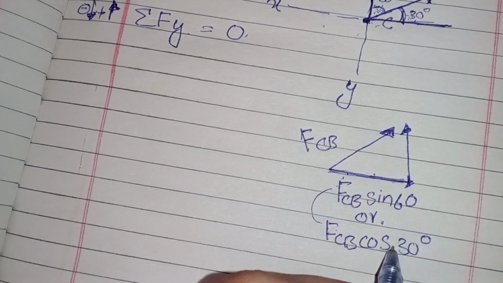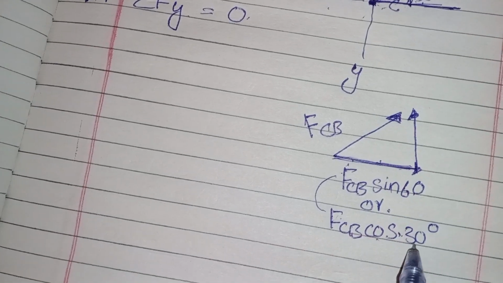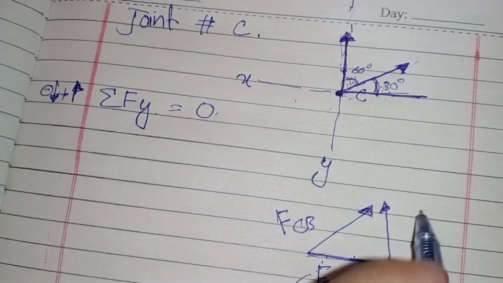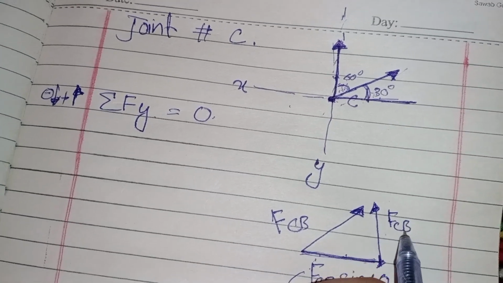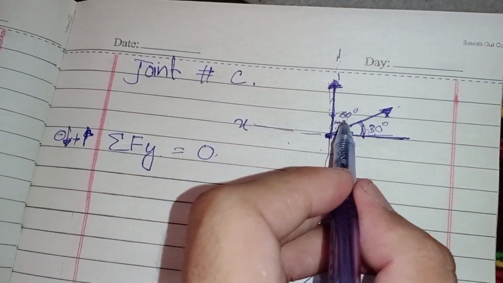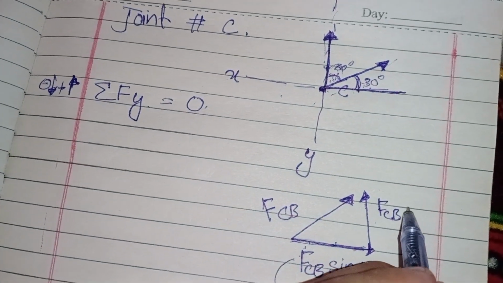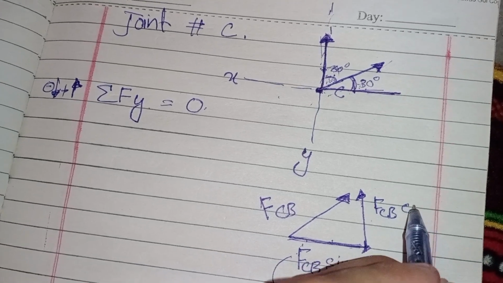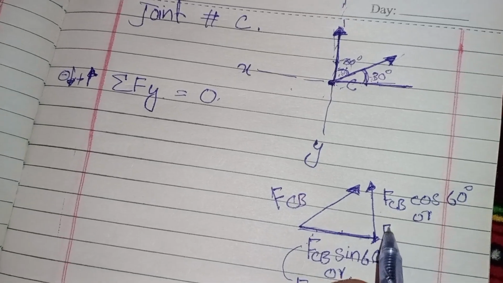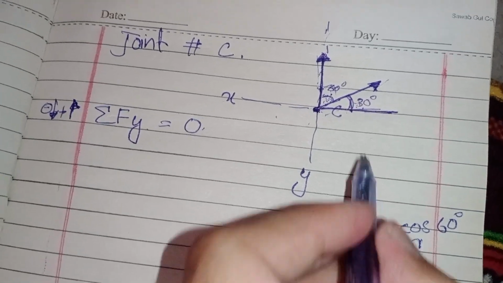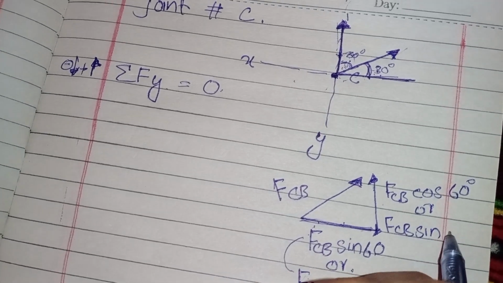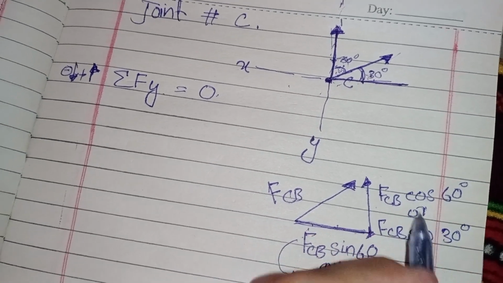Sin 60 and cos 30 are the same thing. And for the vertical component, according to this angle, it will be cos 60 degree, or according to this angle, sin 30 degree. These are the same thing.